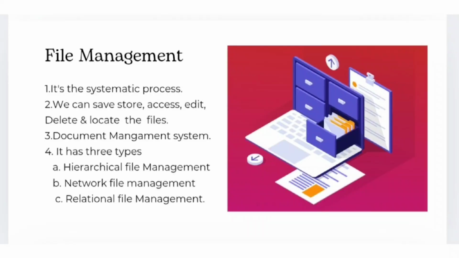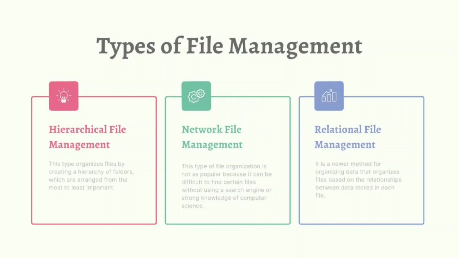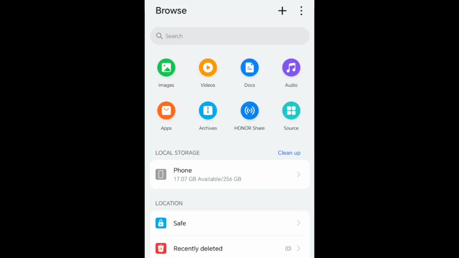Relational file management, you can store your personal as well as official information in those files. So this is the process of this file management system. Here you can see the types of this management system: hierarchical, network, relational. So this is the best example for file management.